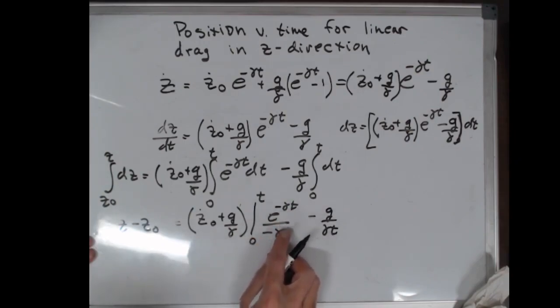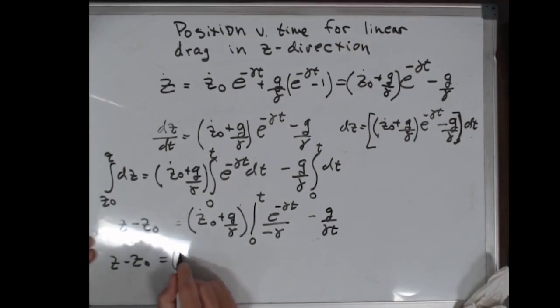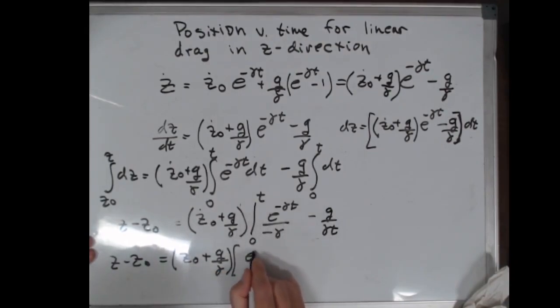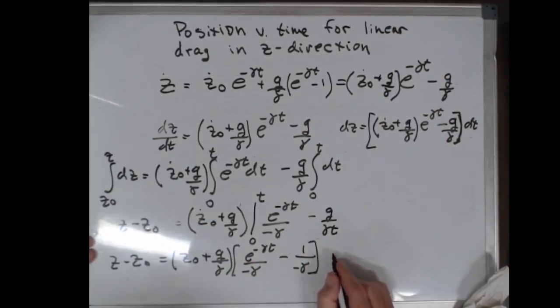And so when I evaluate this at t and 0, I get z minus z naught is equal to z dot naught plus g over gamma times e to the minus gamma t over minus gamma, and then minus the evaluation at 0, so it's minus 1 over minus gamma. That t should be in the numerator, sorry. Minus g over gamma times t.